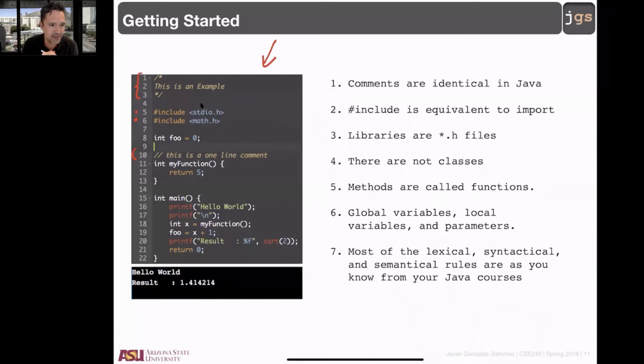In C and C++, the libraries have one name. By the way, the name is the name of a file. And as any other file, the files have an extension. The extension for the files that store libraries in C and C++ is .h.